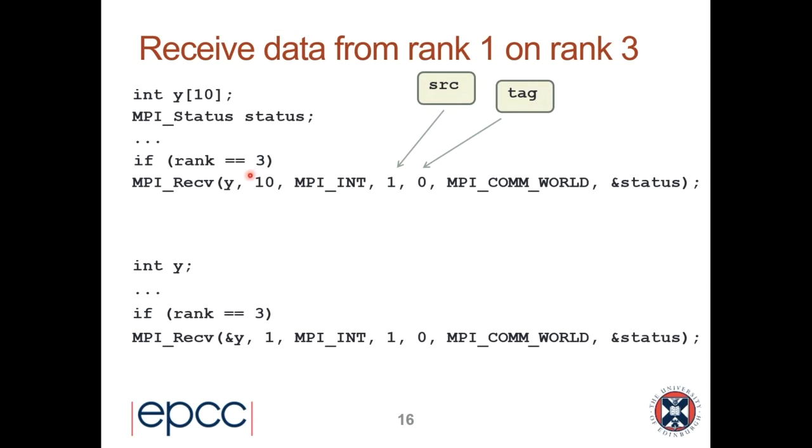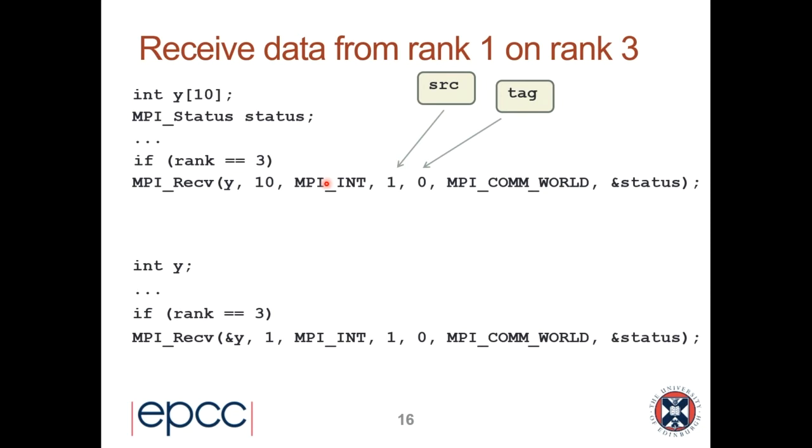So what do you think happens if the incoming message is larger than 10? So Amir is absolutely right. You get an error, actually, because MPI says you get an error. Again, it's not obvious at all. You don't get a memory error. MPI will say the incoming message is too large.